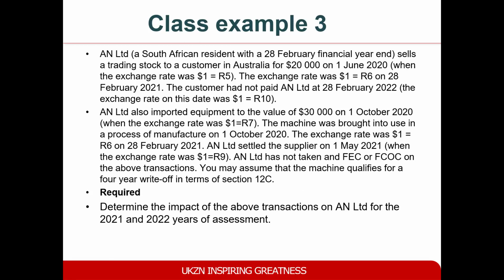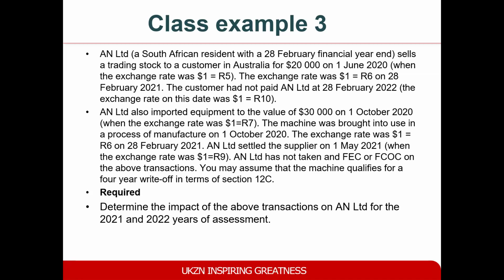First of all, guys, we sold goods to a person. The person has not paid us. We sold the goods on 1st June 2020, and the person didn't pay us. It was 5 rands by that time. By year end, which is 28 February 2021, our first year end, the person has still not paid us. So we have a Forex gain of 1 rand, which is 20,000, because it's 6 rands minus 5 rands.